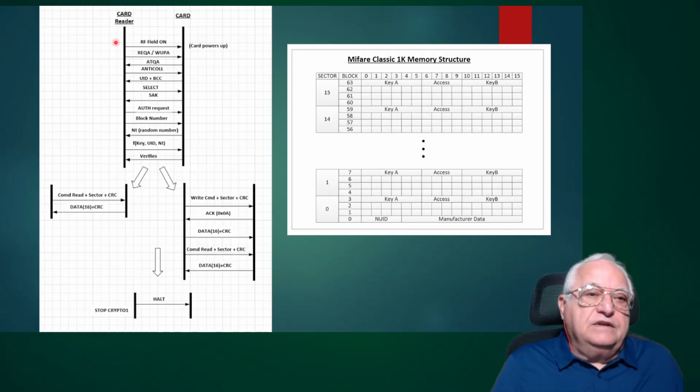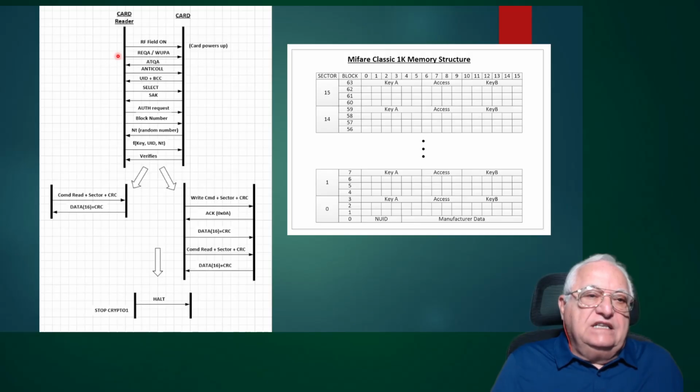What we have here is, first, the reader puts out an RF field, and it's constantly putting out that field. When a card gets within range, the card is powered up. When we put out this field, we also put out a signal called a REQA or a WUPA.